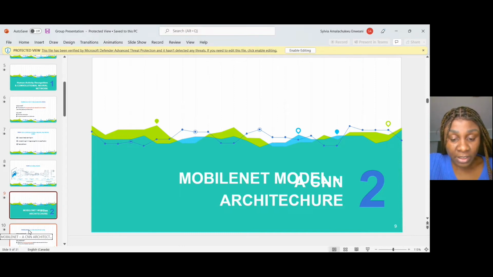They also agree that MobileNet is good for mobile and embedded vision applications, and that is what MobileNet is proposed for, which are based on a streamlined architecture that uses depth-wise separable convolutions to build lightweight deep neural networks, with two simple global parameters that efficiently trade off between latency and accuracy.